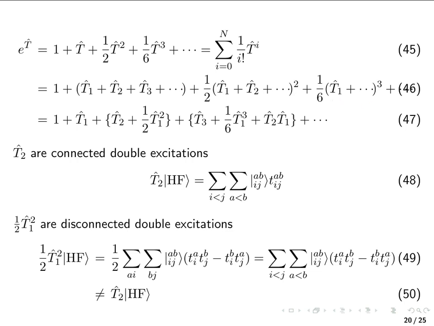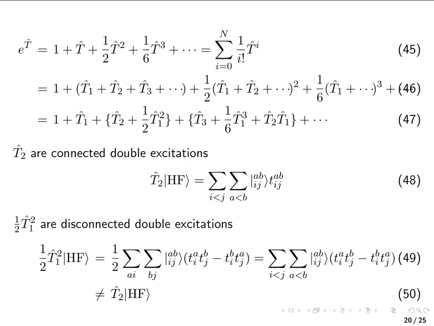Now in the next line, I have rearranged all these operators, not according to what the power was in the expansion of the exponential, but I group all the terms together which have the same excitation level. So 1, that's no excitation. Then I get single excitations from the T1 operator.